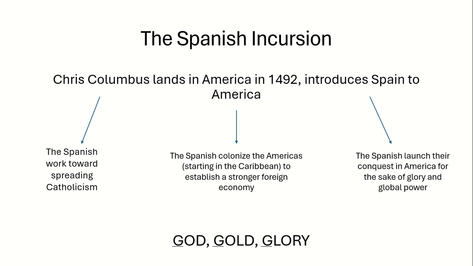But AP World doesn't have much to do with this right now. All we really need to understand is that coming into America, the Spanish were focused on setting up crop systems. They were focused on setting up different charter companies and different ways to ensure trade and that goods were being pumped into the global trade system.